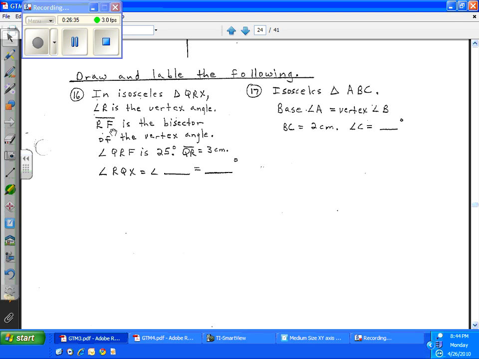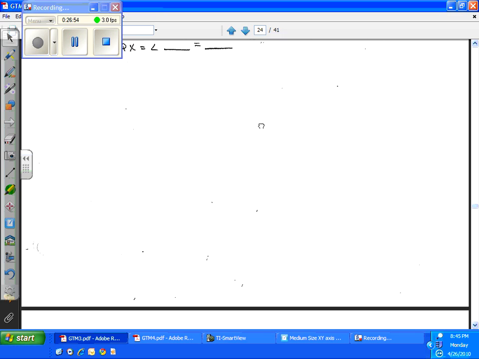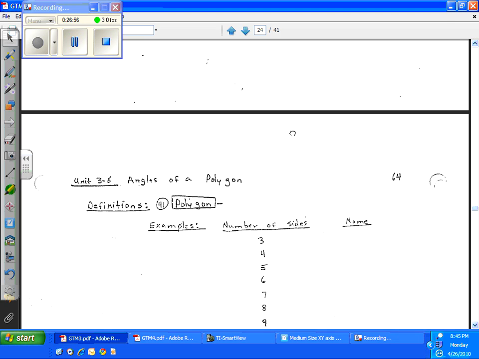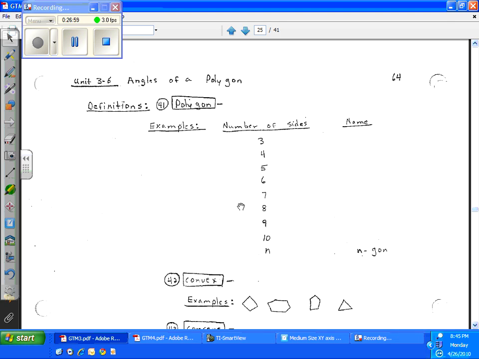The draw and label accurately is just to help us build a mental image on paper of this and hopefully help us later if we're going to construct something in a real life activity that we know how to use measuring devices to get that job done. And then that would bring us to lesson 3.6, which we will begin recording later.